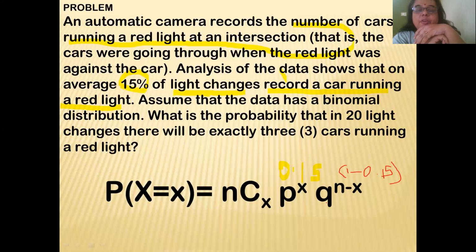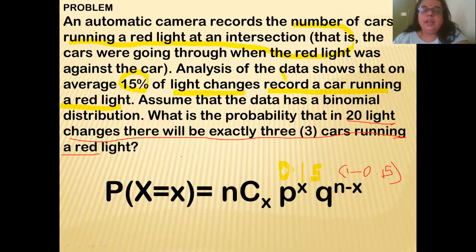Assume that the data has a binomial distribution. What is the probability that in 20 light changes, there will be exactly 3 cars running a red light?